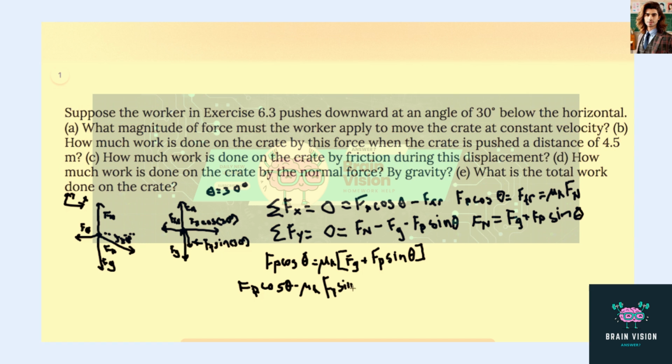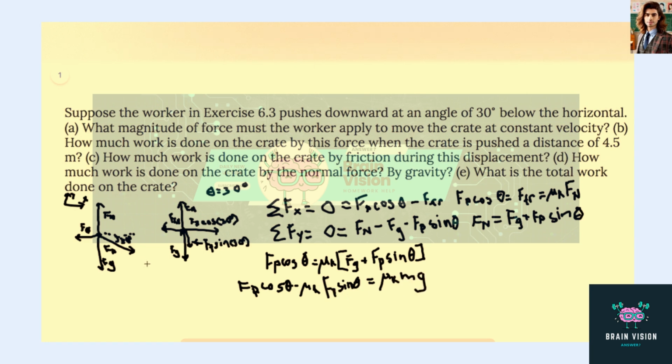Got to remember to distribute that coefficient of friction. And on the other side, I'm going to substitute in for the force of gravity, or mg.